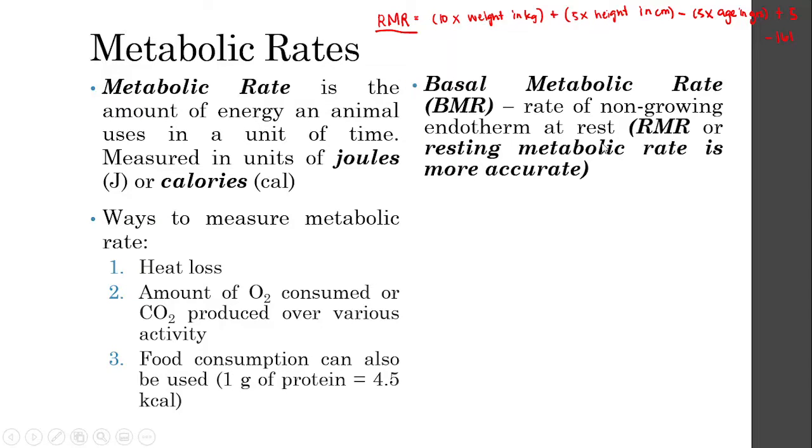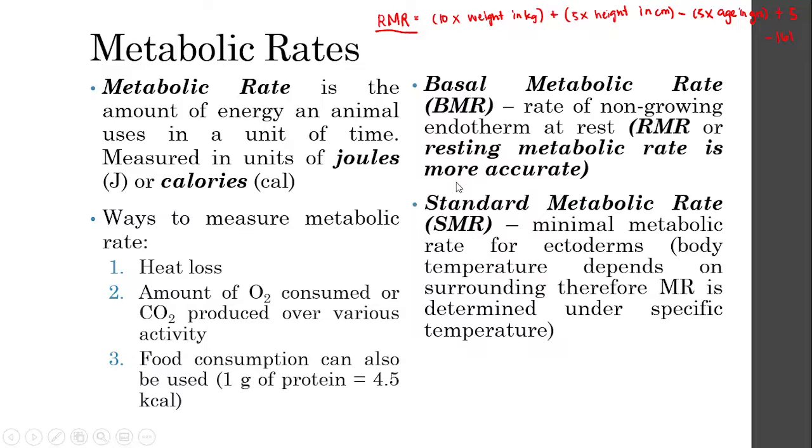Then you take this RMR value and multiply it by certain values, dependent on your lifestyle, and you can identify how much energy you need in order to survive with that lifestyle that you have. So this is for endotherms.